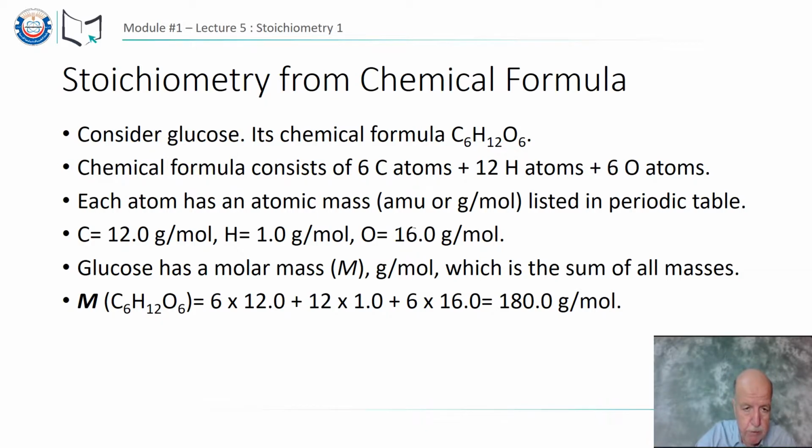Okay, let's take glucose. Glucose is a compound. The compound has what? A chemical formula, C6H12O6. What does that mean? One molecule of glucose consists of 6 carbon atoms, 12 hydrogen atoms, and 6 O atoms.